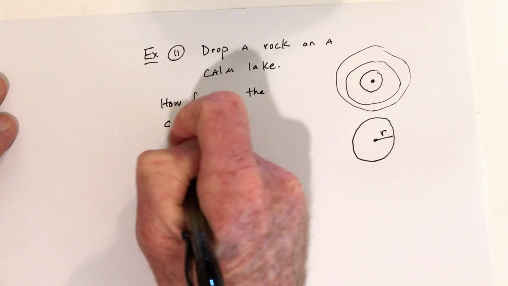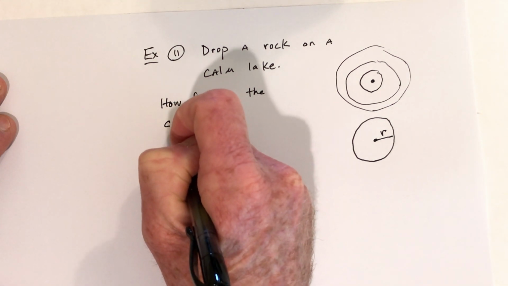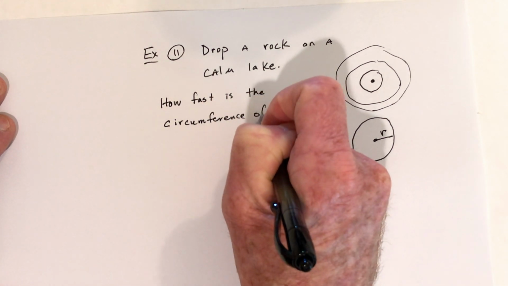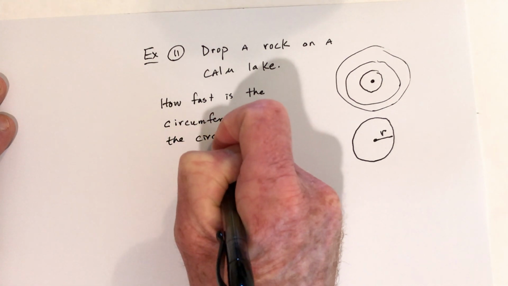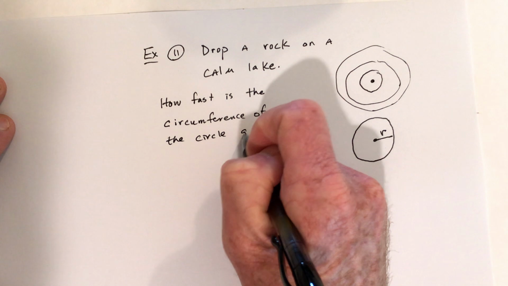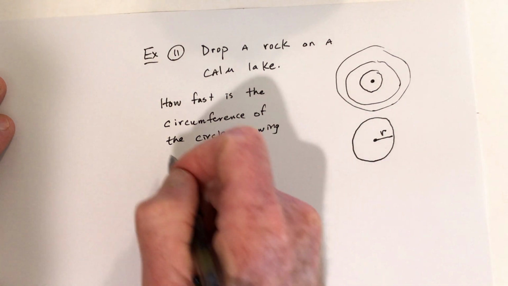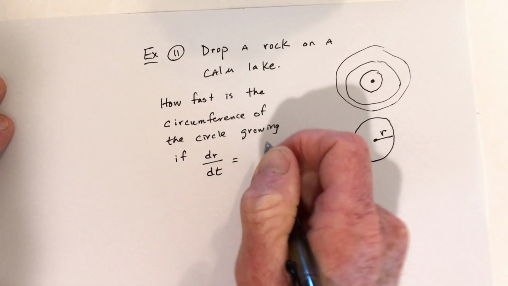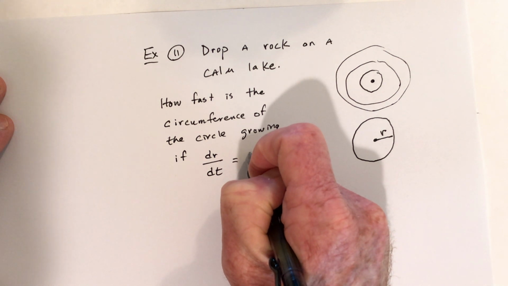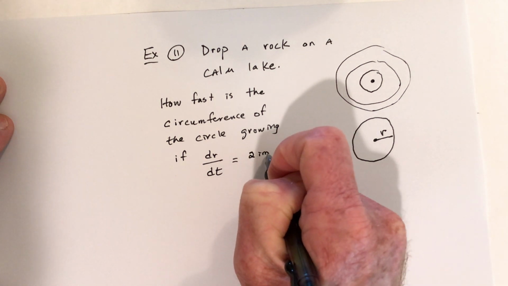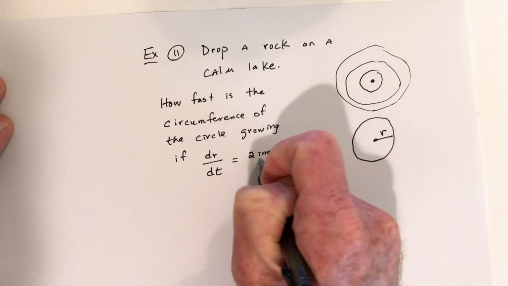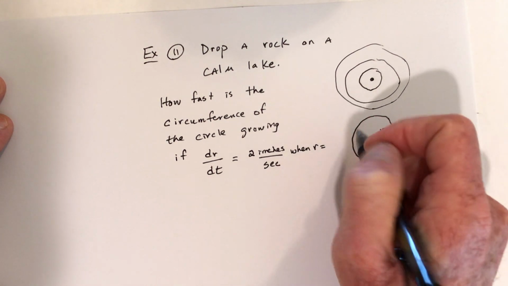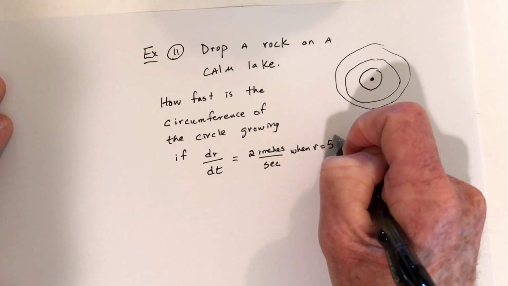So then how fast is the circumference of the circle or the circular wave growing if the radius is changing by, let's say, 2 inches per second when the radius equals 5 inches.